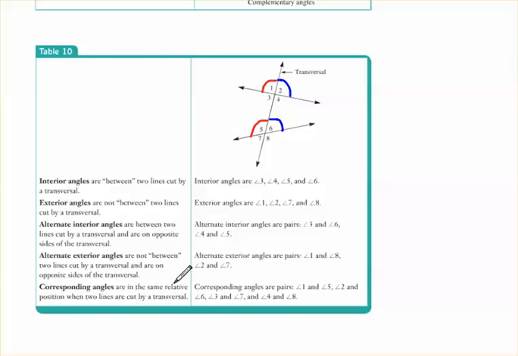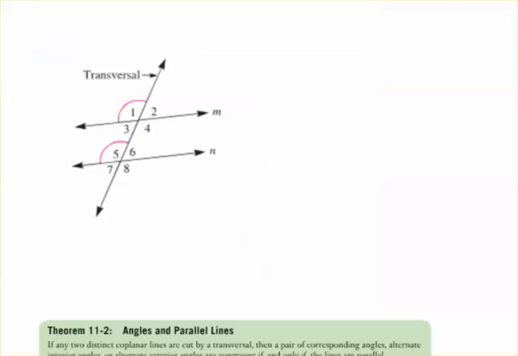So we need to really focus on learning our vocabulary because that's what we're going to be talking about in this section. Now here we have two parallel lines that are cut by a transversal. And whenever you have this situation, then some of those features that we just talked about, that vocabulary, turn out to be the exact same thing. So let's go over this.